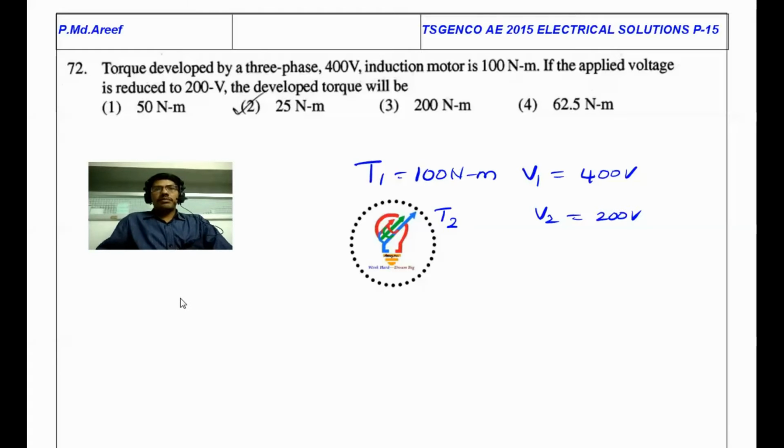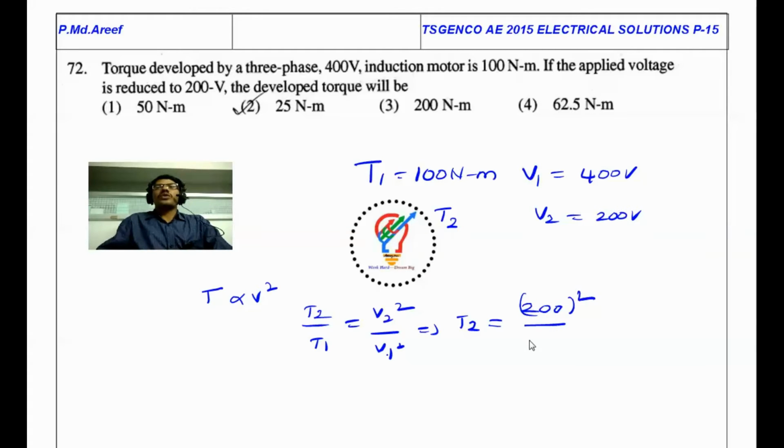The relationship between torque and voltage can be written as torque is proportional to V square. So T2 by T1 is equal to V2 square by V1 square. That implies T2 is equal to 200 whole square divided by 400 whole square, into 100. If you solve this, you will get 25 newton meters as the answer. So option 2 is the right one.